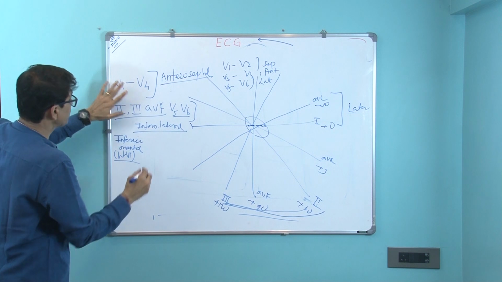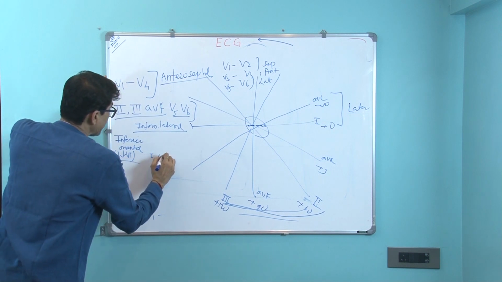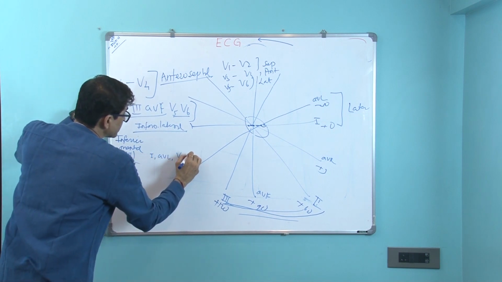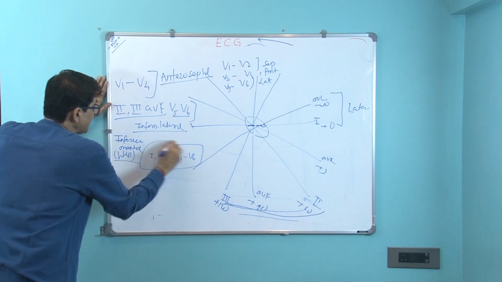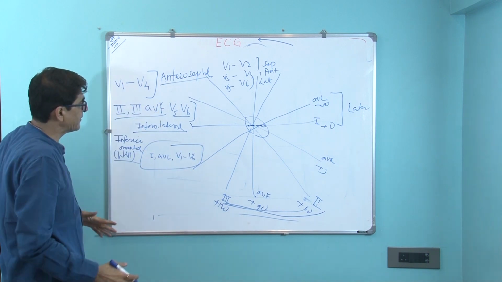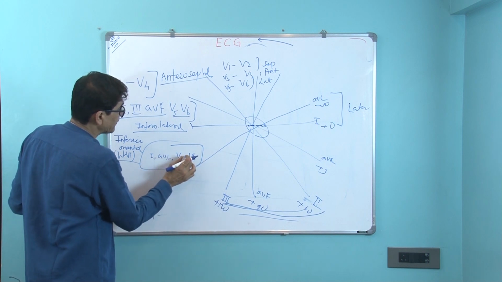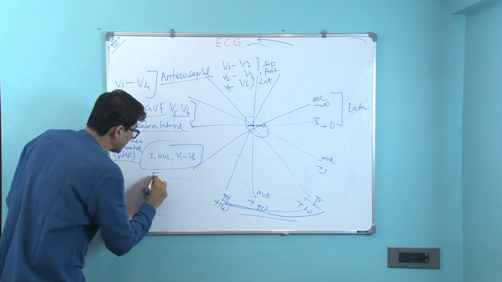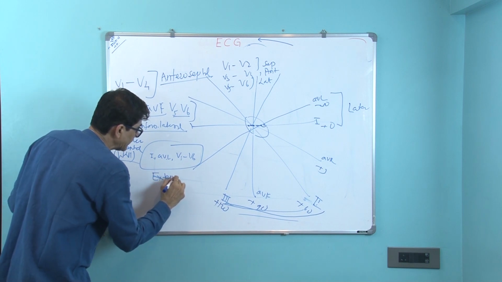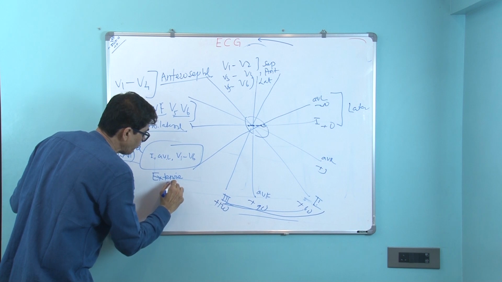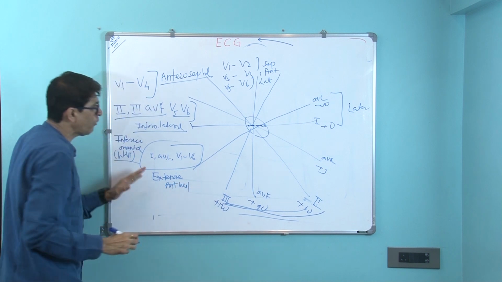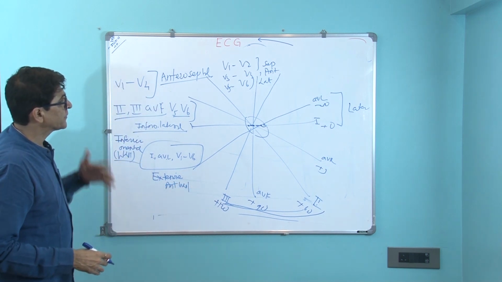Many times you find changes in lead 1, AVL, V1 to V6. So the more the leads, the larger the damage. Lead 1, AVL means lateral oriented, septum, anterior, so it becomes an extensive anterior wall. The more leads involved, the more the damage.